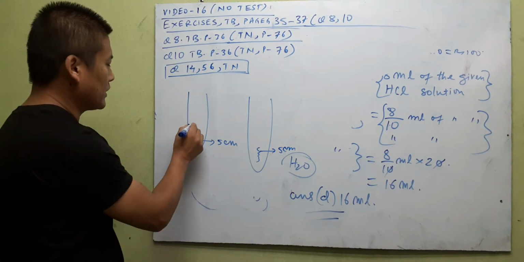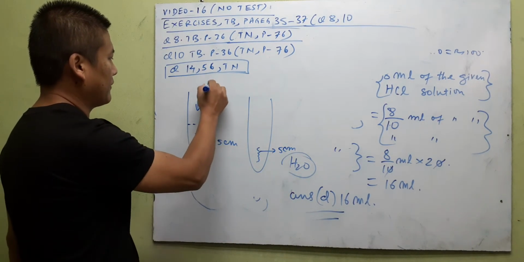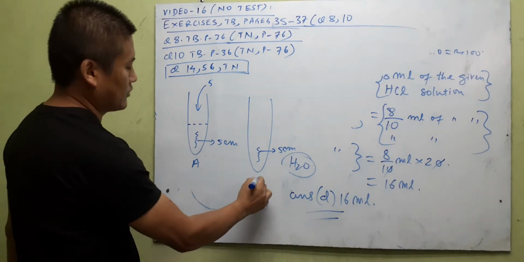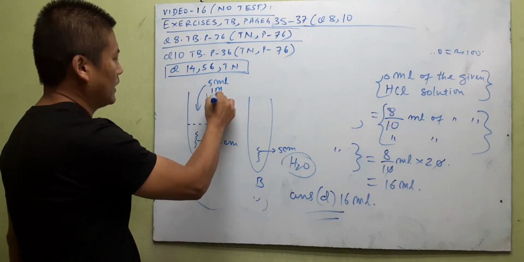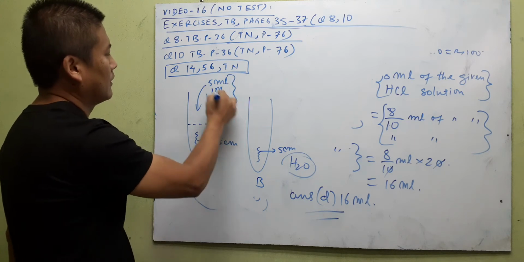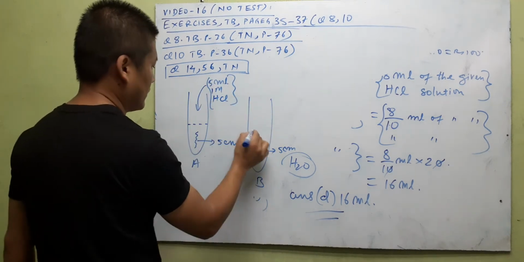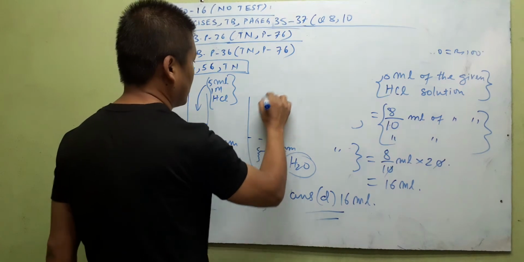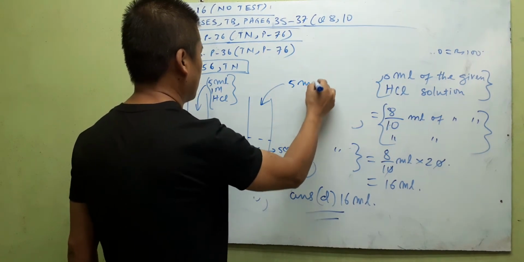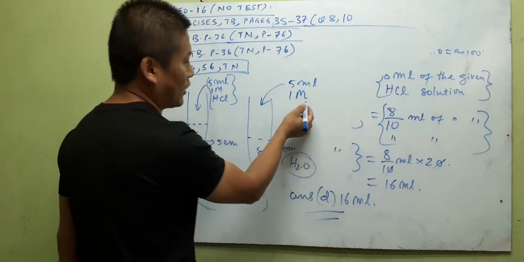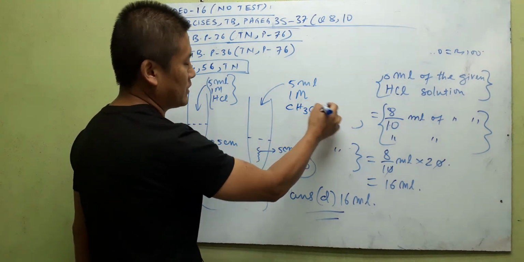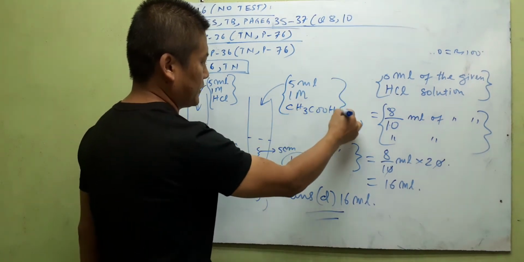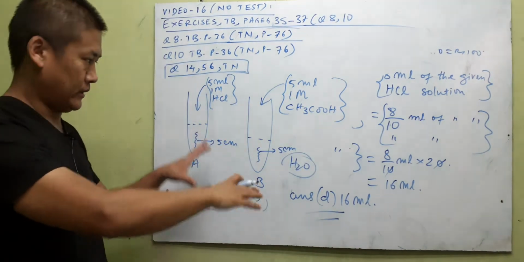And then you put here, in test tube A, 5 ml of 1 molar HCl. Here you put the same amount, 5 ml again, and strength also the same, 1 molar only, but acetic acid. That means the amount and strength are the same, no partiality.